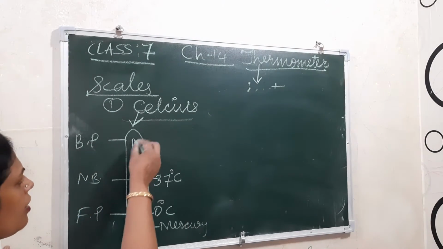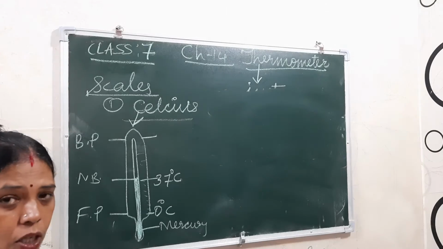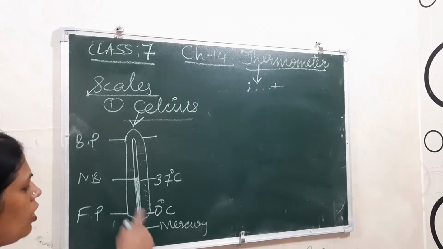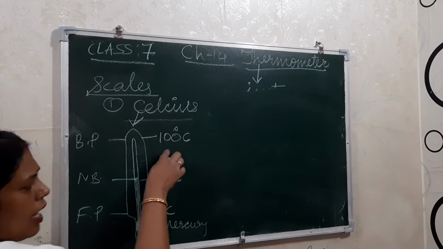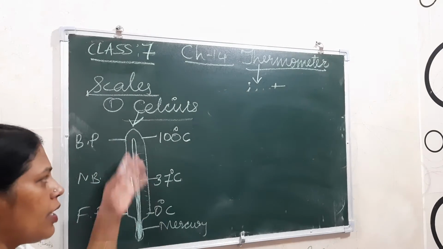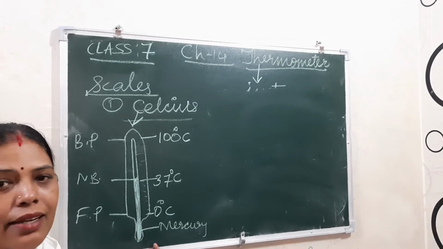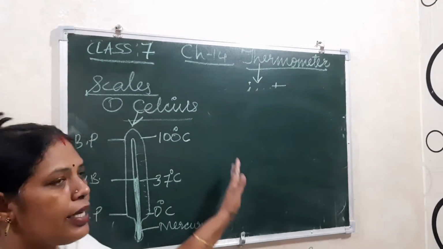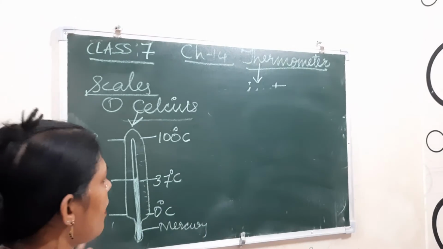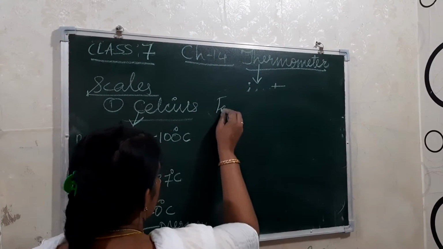And the boiling point of water is 100 degrees, so the boiling point reaches here at 100 degree Celsius. This is the high one. Understood this one? This is the way we measure the temperature in Celsius. And in the same way, the next one is Fahrenheit.